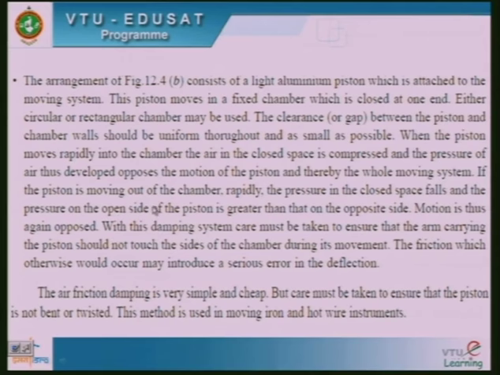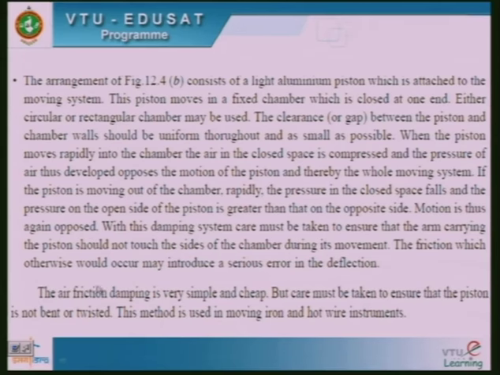If the piston is moving out of the chamber rapidly, the pressure in the closed space falls and the pressure on the open side of the piston is greater than on the opposite side. This motion is thus again opposed. With this damping system, care must be taken to ensure that the arm carrying the piston does not touch the sides of the chamber during its movement, otherwise you will get an error.